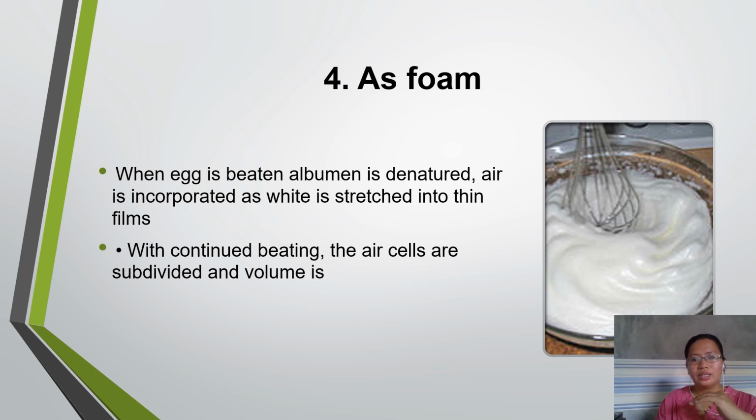Okay, so yung air doon, it incorporates and then yung ginawa nating meringue, yun yung magiging body ng cake. Kasi nga, it will leaven or papataasin niya yung cake. So, yun yung purpose ng foam.